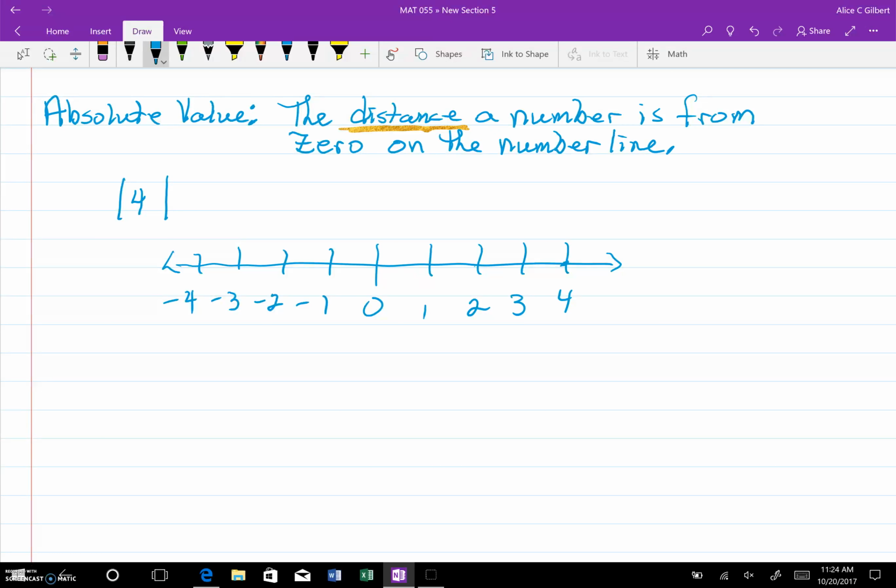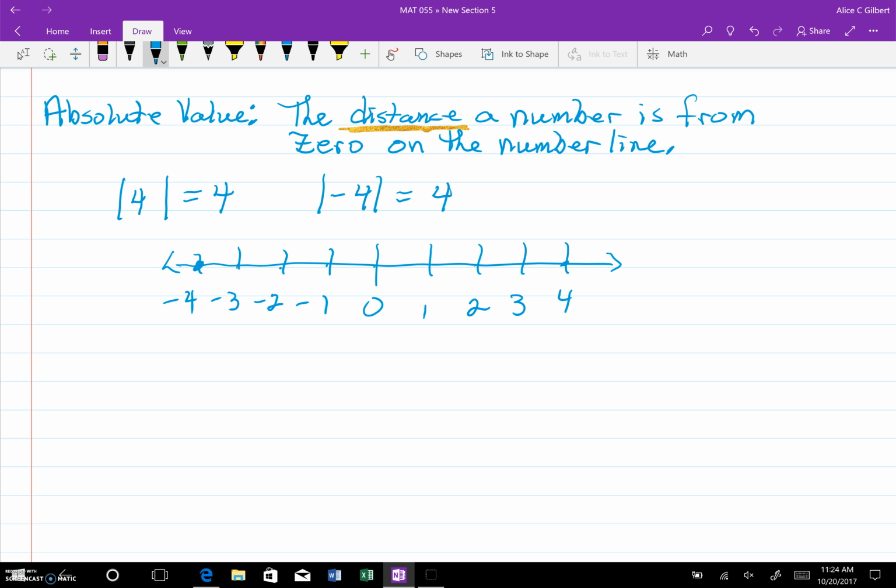Well, 1, 2, 3, 4. It took me 4 spaces. If I had the absolute value of -4, all that means is go to -4 on the number line, and how many spaces does it take me to get back to 0? Well, 1, 2, 3, 4. So it took me 4 spaces.